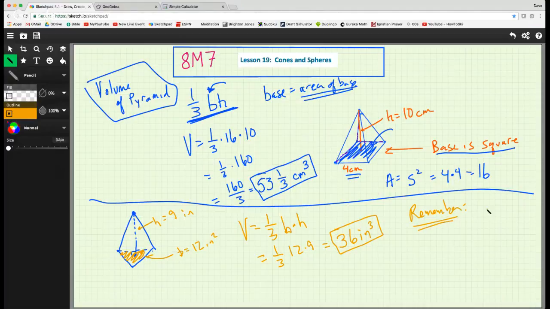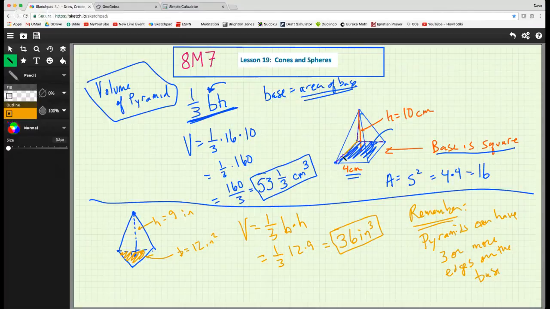So remember, key point, pyramids can have 3 or more edges on the base, right?